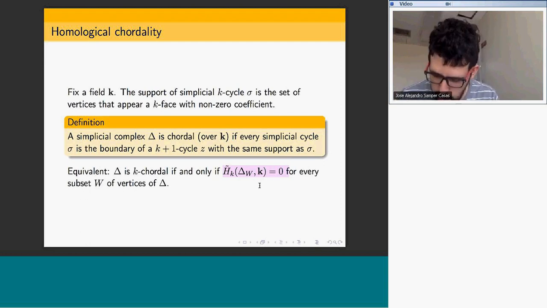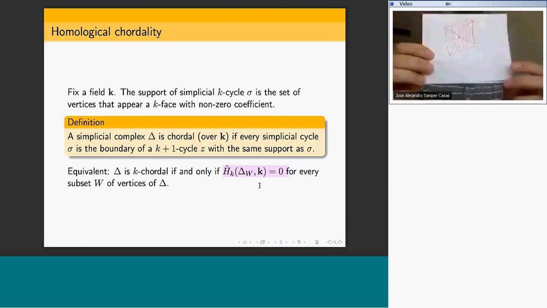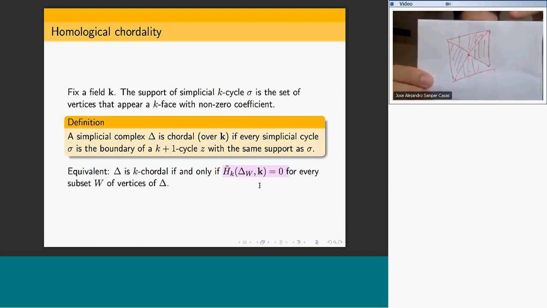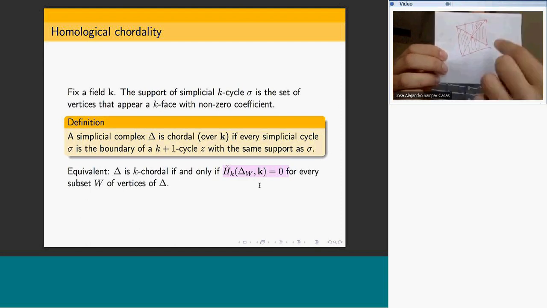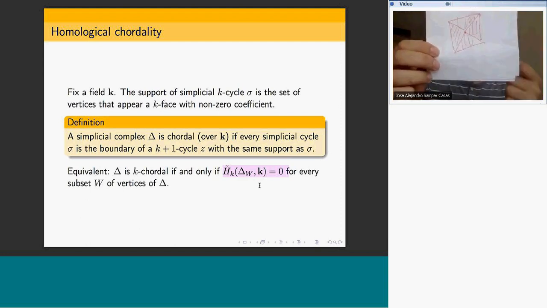Let me draw another example, which is a non-example of chordality. It's the same 4 square, but I put a point in the middle, and I draw all the 4 triangles going to that point from the edges.